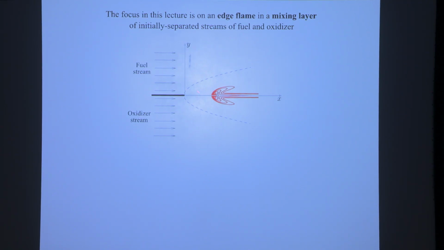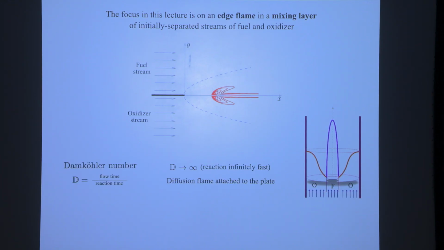So here is the premixed or the partially premixed fuel and oxidizer. This is the premixed flame, rich and lean branches, and the diffusion flame trailing behind. This is basically what I just said on the blackboard a minute ago. In other words, if it was infinite, it would touch the wall, as we have seen in this example, it touches the burner, but otherwise it gets lifted.